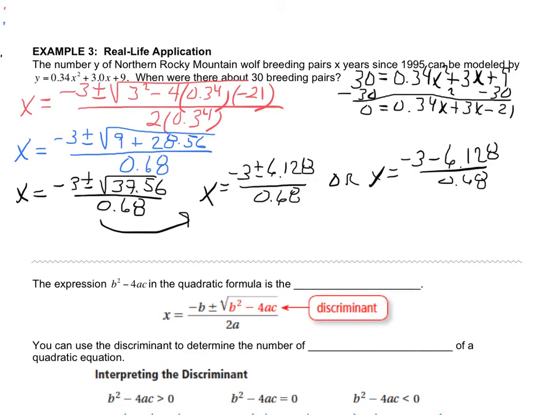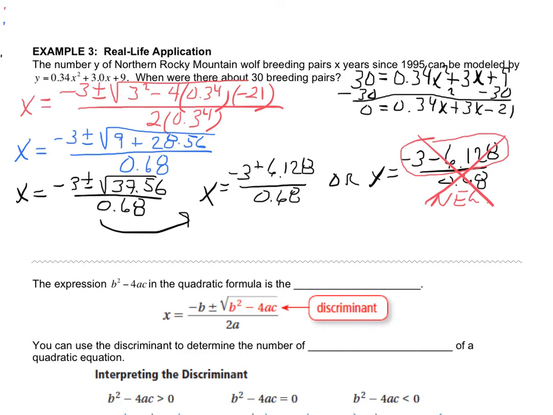Now, even before I use my calculator, one of the things that I hopefully see, and you'll see as well, when I look at this right here, is that I end up with a -3 minus 6.128, which is going to give me a negative number for my numerator. I'm dividing it by a positive, and because we won't want to have negative years, we are going to take this right out of the picture. Okay, so now we can really just go back to the first one here and focus on what this expression gives us, the -3 plus 6.128, and then divided by 0.68.